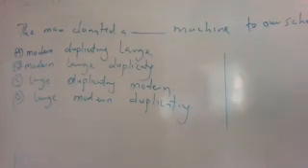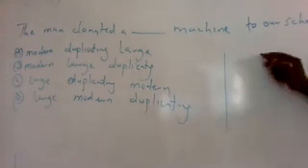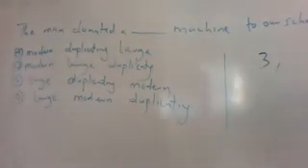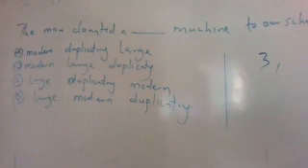It represents size. If it represents size, then large is 3. Okay, good. So now your modern, what does modern represent? Age.